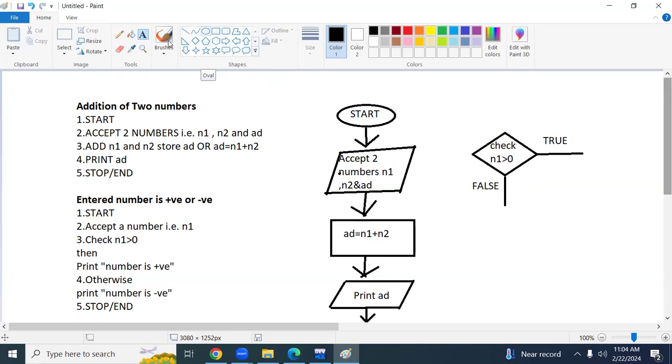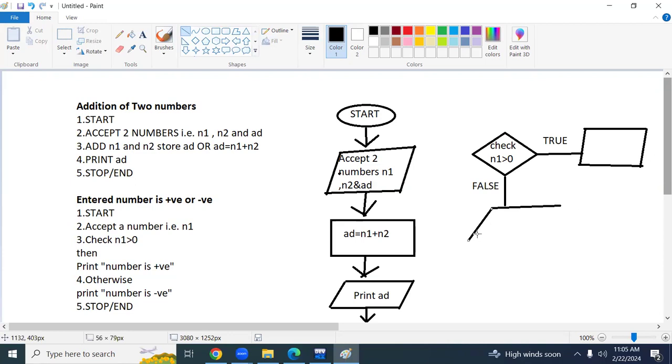For printing purpose, which symbol do we have to use, guys? Parallelogram. Yes. And draw over here. Is it looking like a parallelogram? Yes or no? Let me know. This is not a rectangle, it's a parallelogram.